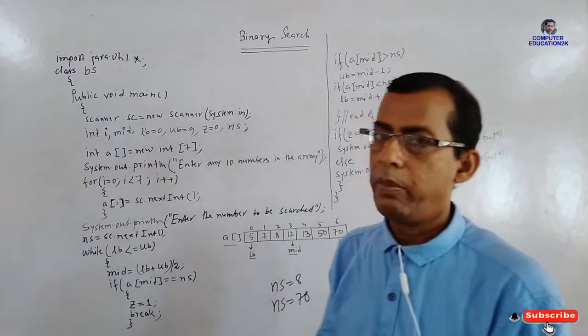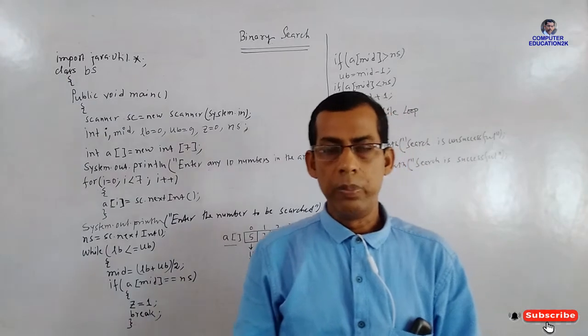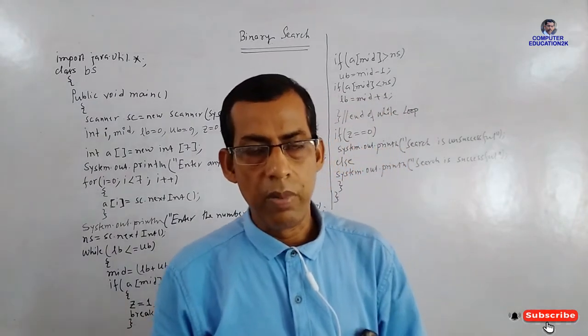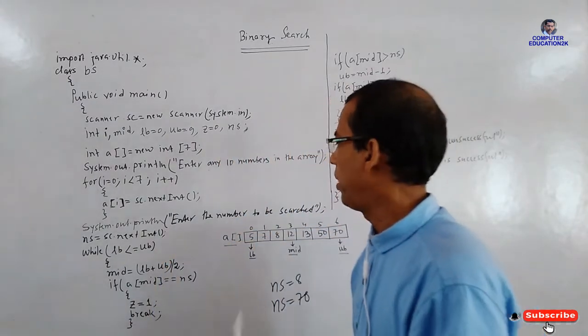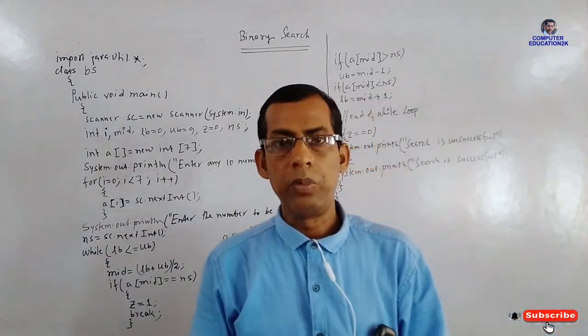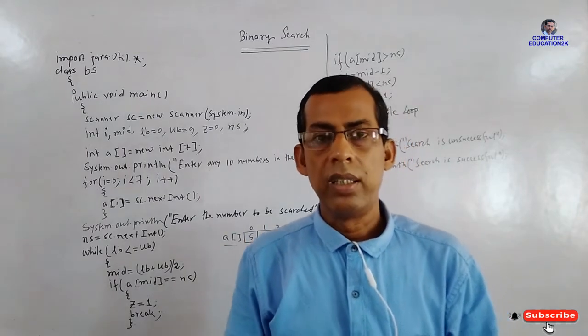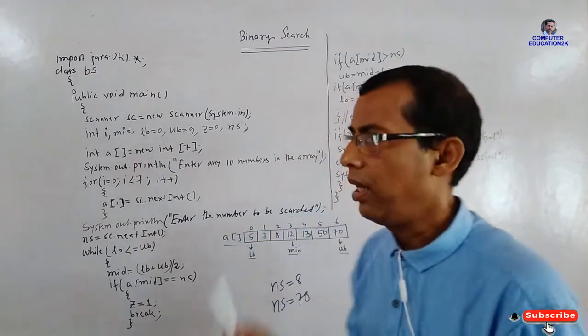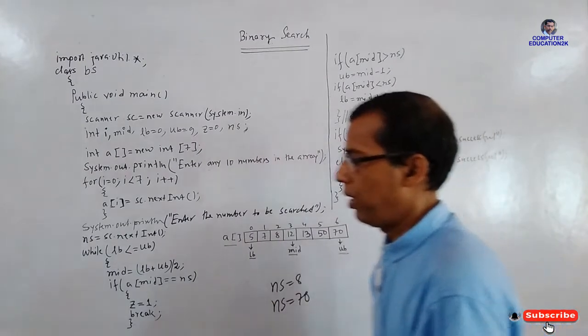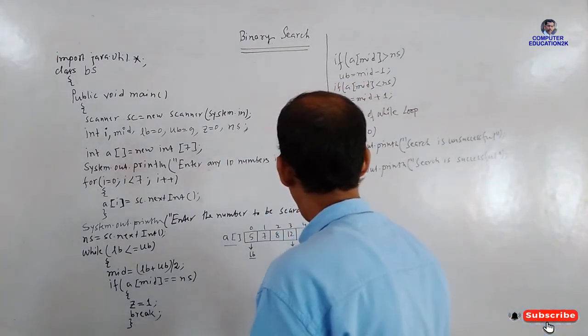So keep in mind, if the mid value of the array is bigger than the search number, then you will get the number on the left hand side. But if the mid value is smaller than the search number, then you will get the value on the right hand side. This is how binary search works.